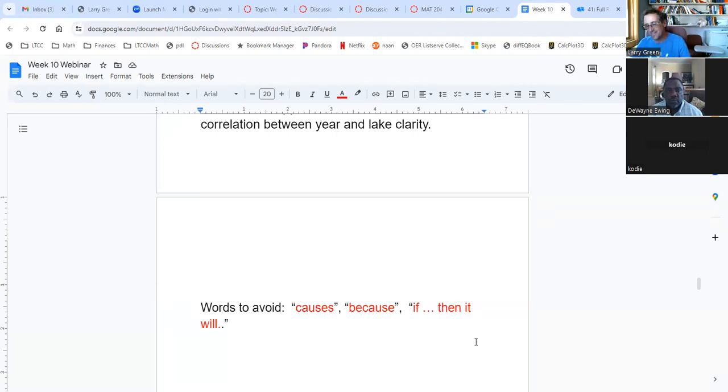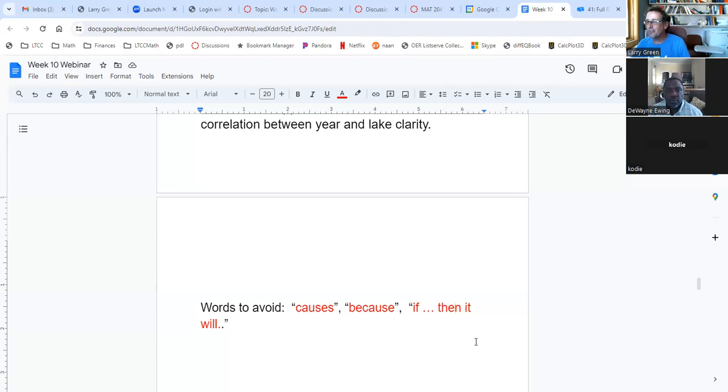It might be that it's genetics. Who knows? You need to see if you can do more to come up with some kind of reasoning. But regression analysis does not give reasoning for causation. Does that make sense?